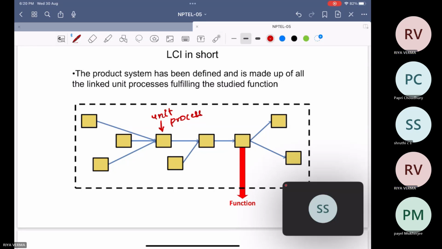Shruti, Papi Chaudhary, Payal, anyone? Earlier in this class I discussed two types of elementary flows to link these unit processes.